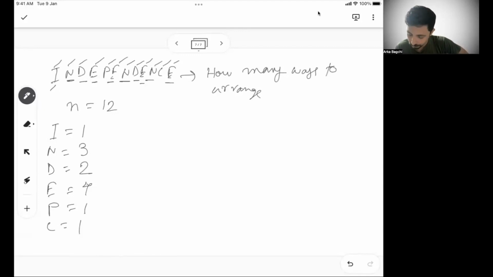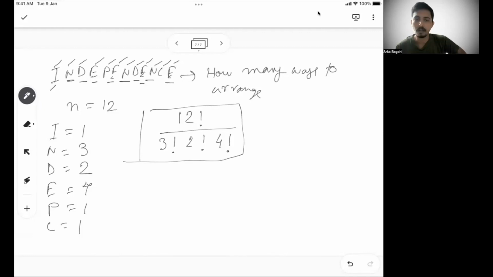So the number of ways to arrange is factorial 12 divided by the letters that occur more than once. I have n, d, and e. So n is 3 times, so factorial 3. D is 2 times, factorial 2. E is 4 times, factorial 4. So this should be your answer for how many ways to arrange this. I hope this is clear.